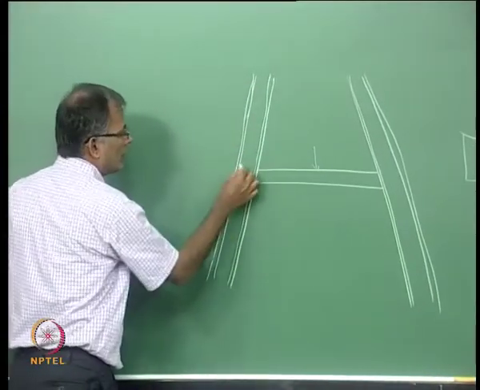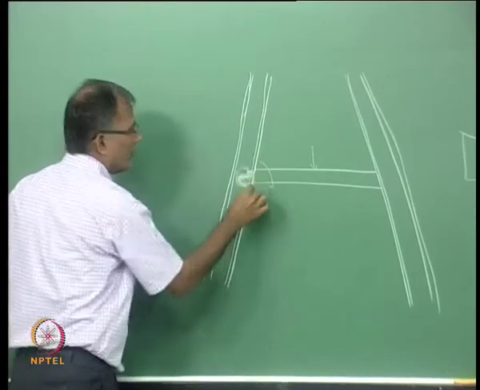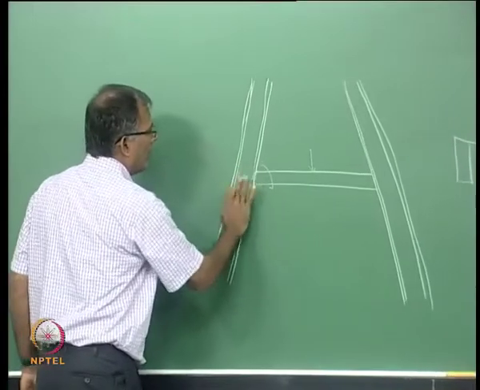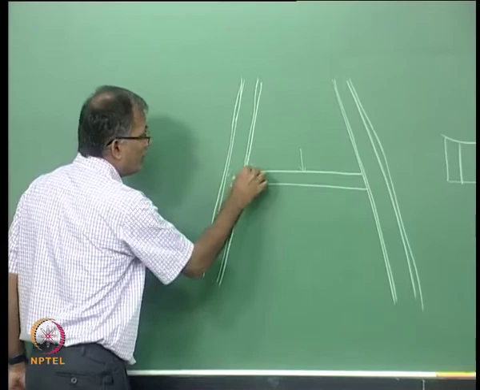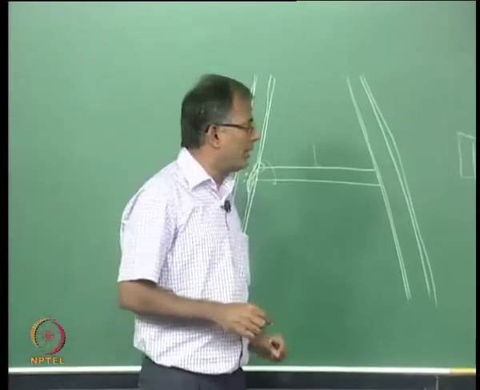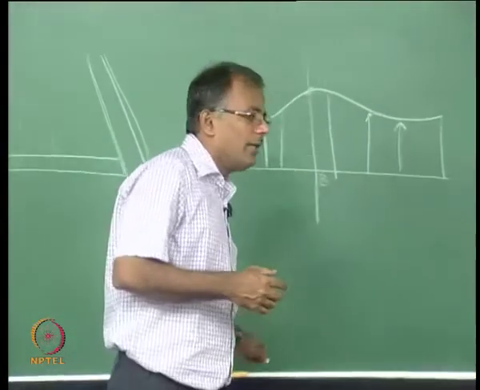Now, if this is solid, you can see this rotation may not happen, but because this is not solid, there could be a local deformation which allows the rotation of this end. But it is not 100% rotation like a simply supported, because it has its own stiffness.